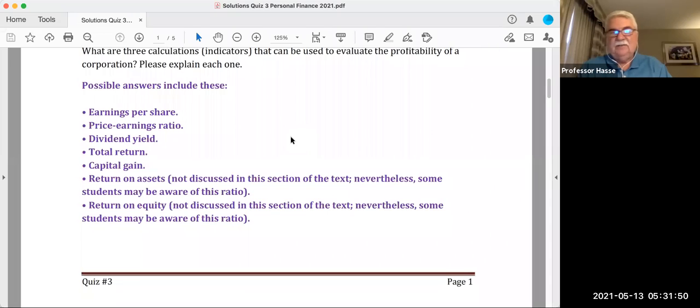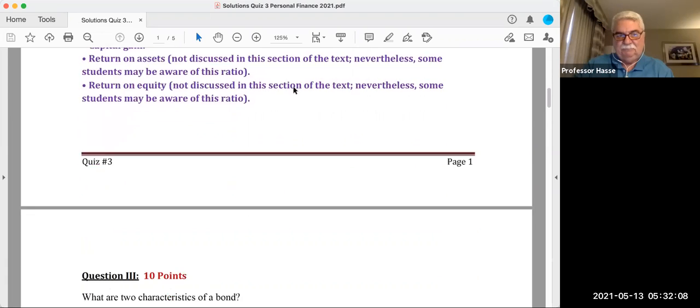But notice there's nothing about profit margin or gross profit. Those are all part of the earnings per share and the price earnings ratio and the capital gain and all that sort of thing. Remember, you're talking in terms of an investor, not somebody who's looking at the financial statements for data, but as an investor.